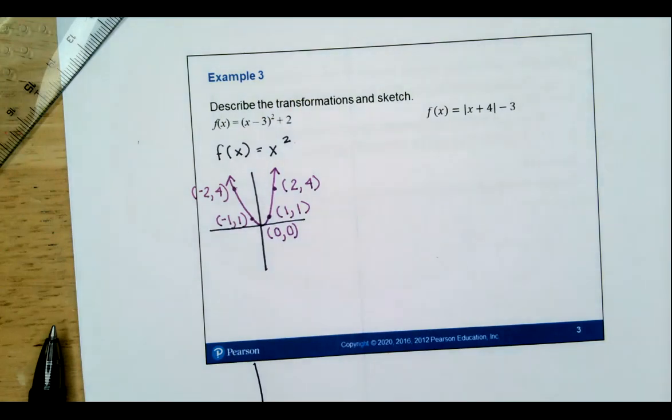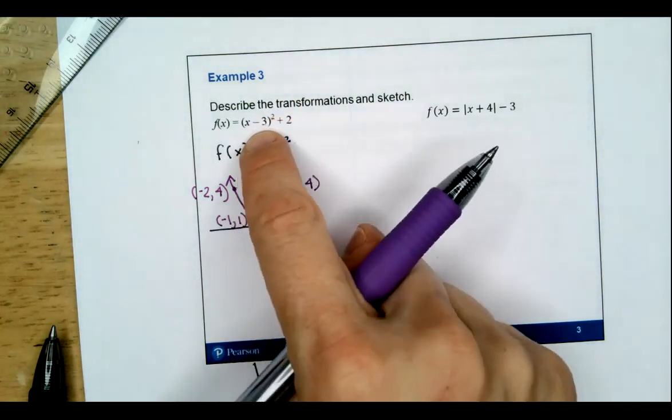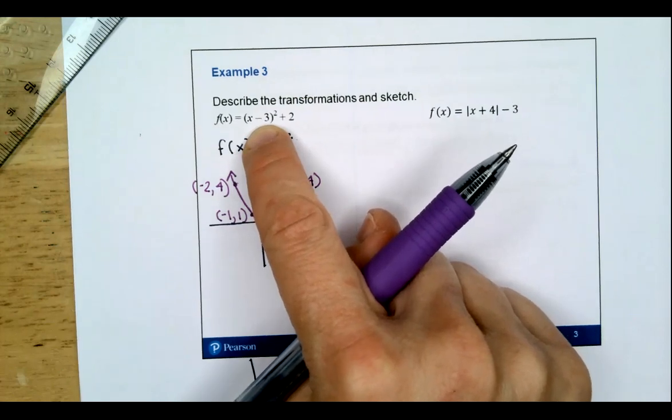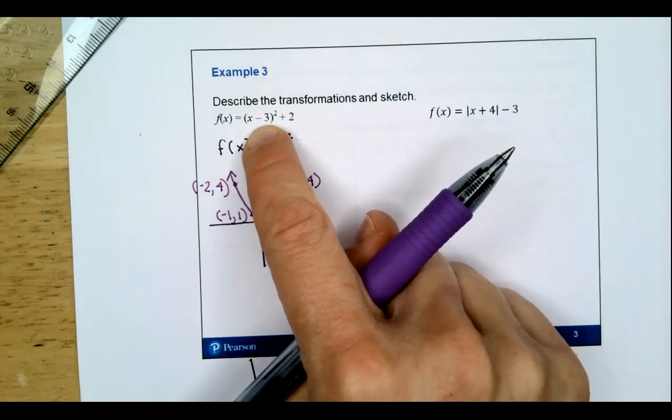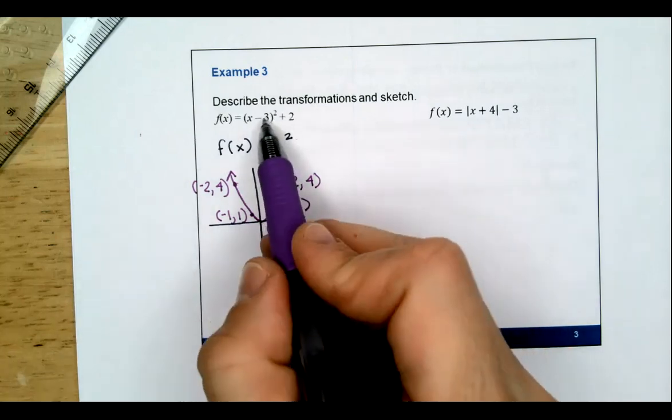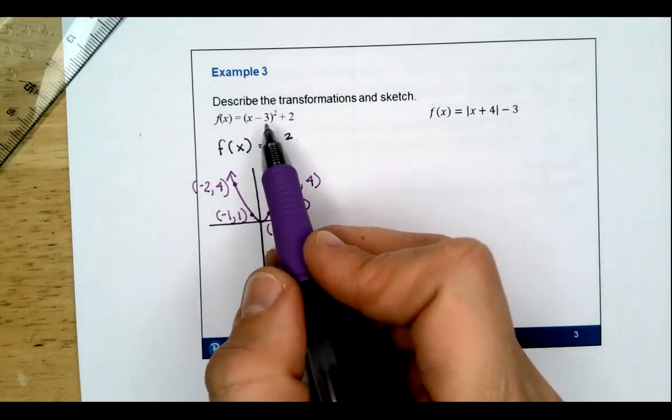Those are all points on the parent function. Now, if we're subtracting 3 inside the parentheses, that means a horizontal translation right that number of units. So we're going to add 3. Okay, it's a minus 3, but we're going to add 3 to every x value.